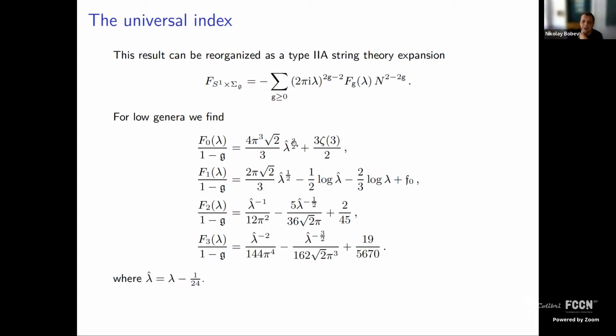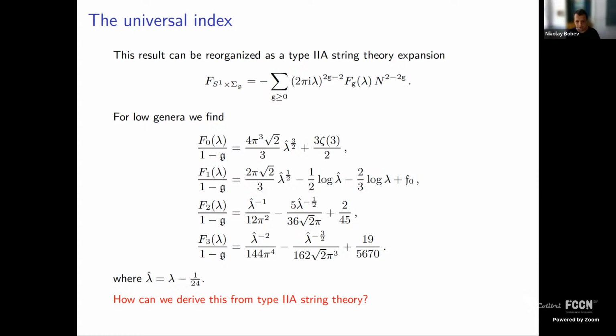And they again take very nice, simple, finite expressions. But now the shift of lambda is exactly the same as it was on S3. So this lambda hat is exactly the same as what we had before. Again, I don't have a good understanding of the shift of lambda, but we observe that it's the same.